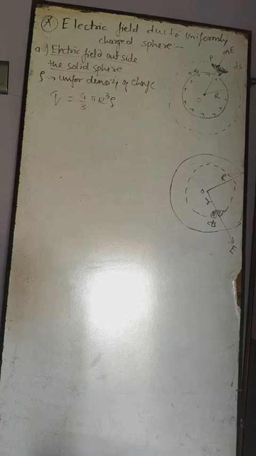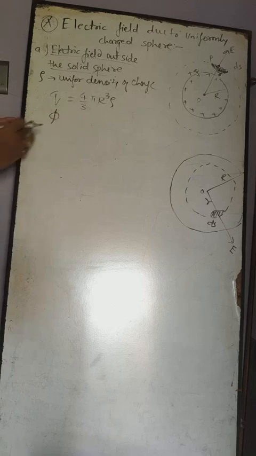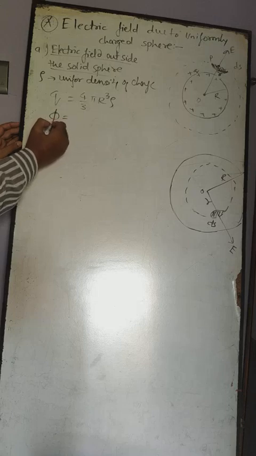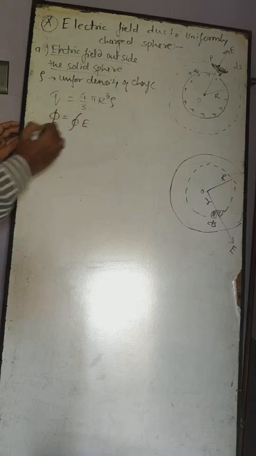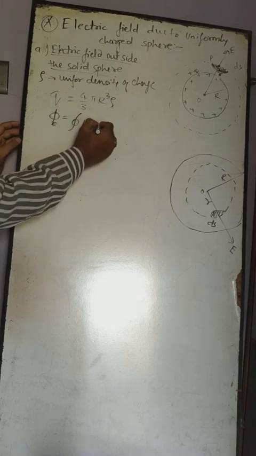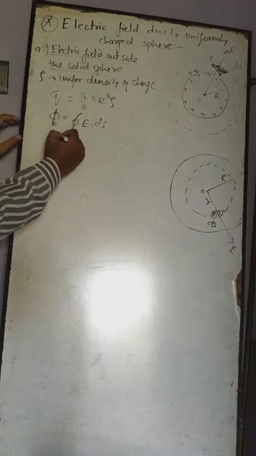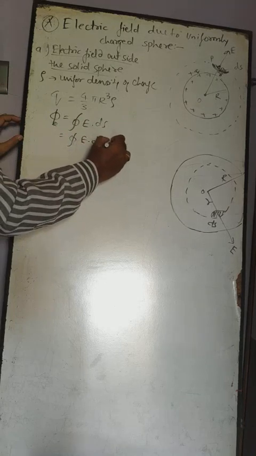Then the electric flux passing through the surface, denoted by phi, is given by the integration over the surface of E dot ds. This can be written as the integral of E ds cos theta.